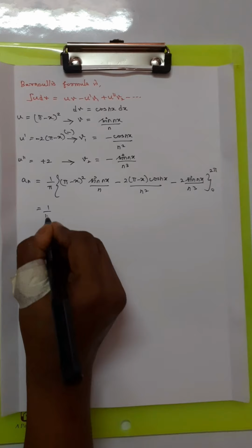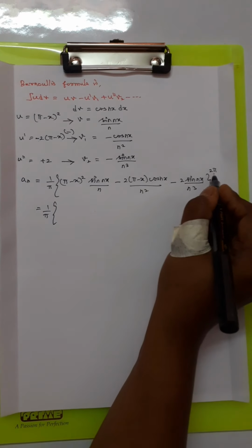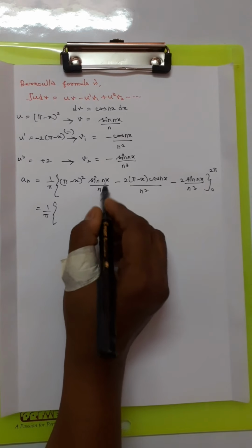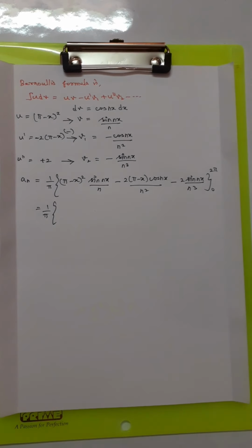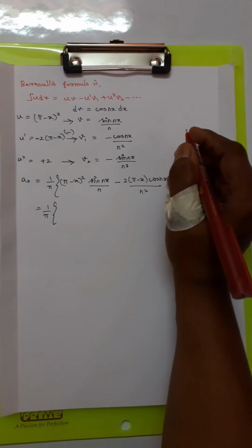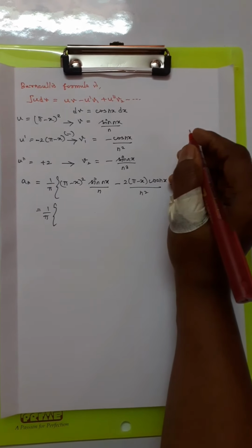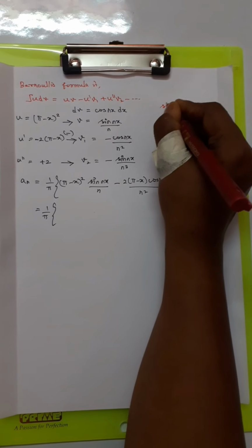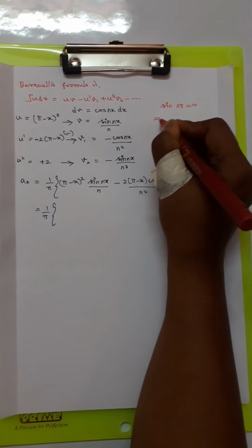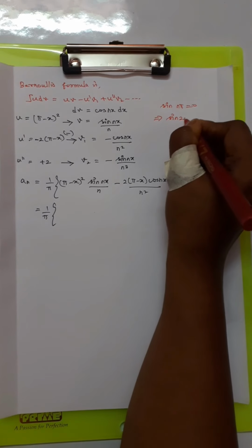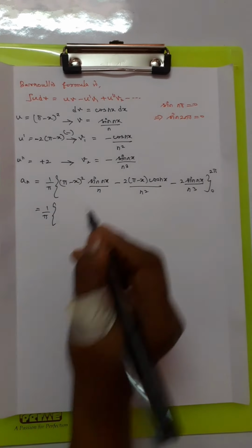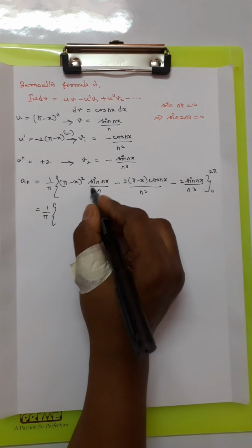Raising the upper limit 2 pi to the first term, we have a sine term here, and we know the result: sin n pi is equal to 0, which means sin 2n pi is also equal to 0. So the first term becomes 0.